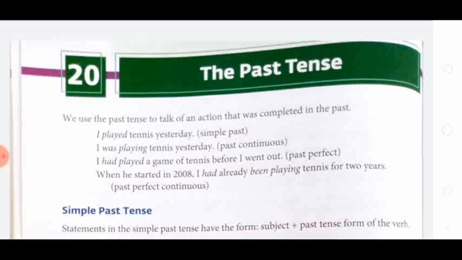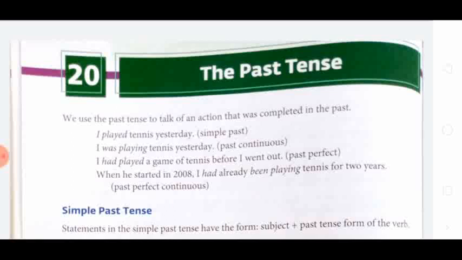We use the past tense to talk of an action that was completed in the past. You have learned this many times. I played tennis yesterday. It is simple past tense. You know that the verb is played. I was playing tennis yesterday. It is was playing, past continuous tense. I had played a game of tennis before I went out.